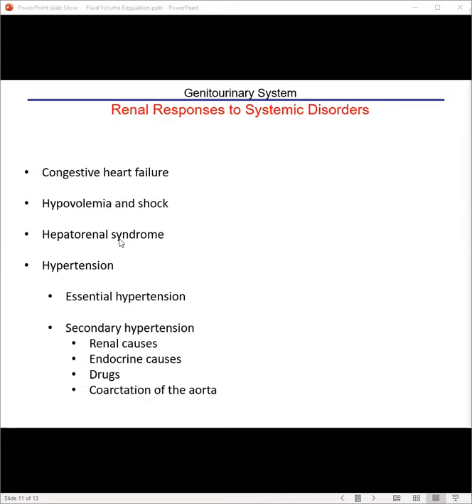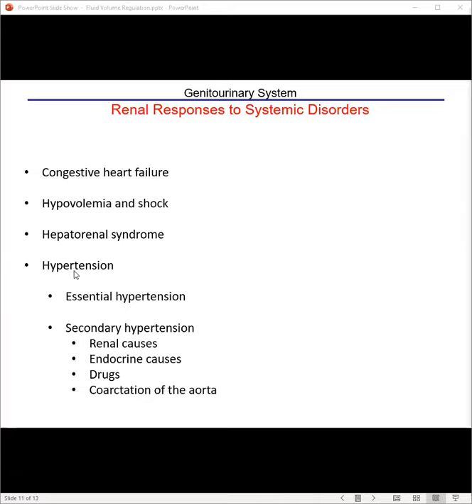So decreasing the oncotic pressure in the capillaries will now favor fluid movement out of the blood vessels. This shifts fluid out of the vasculature and therefore contributes to acute kidney injury. So this is what happens in patients who have liver problems or portal hypertension.